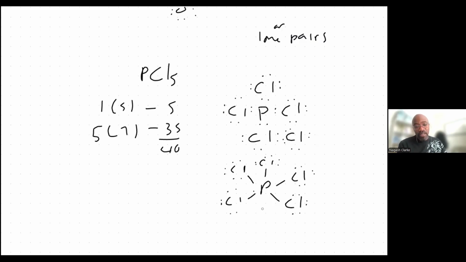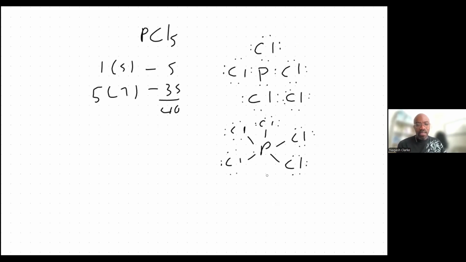Notice phosphorus has 10 electrons. And phosphorus, given period three, can put those extra electrons above the eight in d orbitals, because your period three atoms have d orbitals that it can use to accommodate extra electrons. Now, what about something like beryllium chloride?